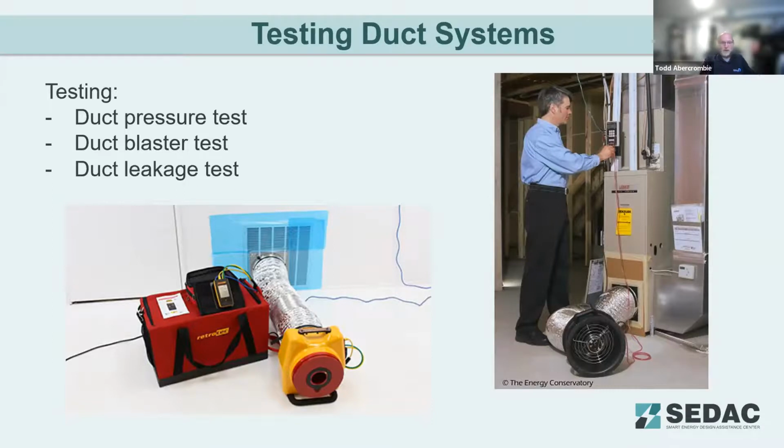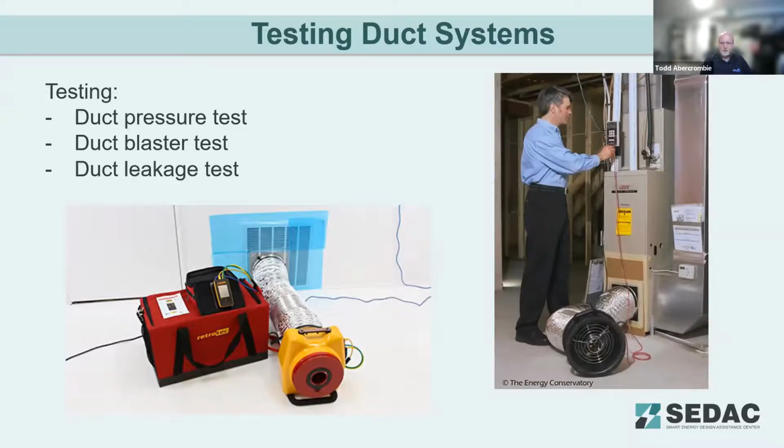And basically you walk around, seal everything up in terms of all supplies and returns, and then you're going to pressurize or depressurize the system. So if you're depressurizing, you're basically sucking air out of the duct system. If you're pressurizing, you're blowing air into the duct system. Having done both versions in the same houses before, there really isn't any significant difference in the leakage rates.